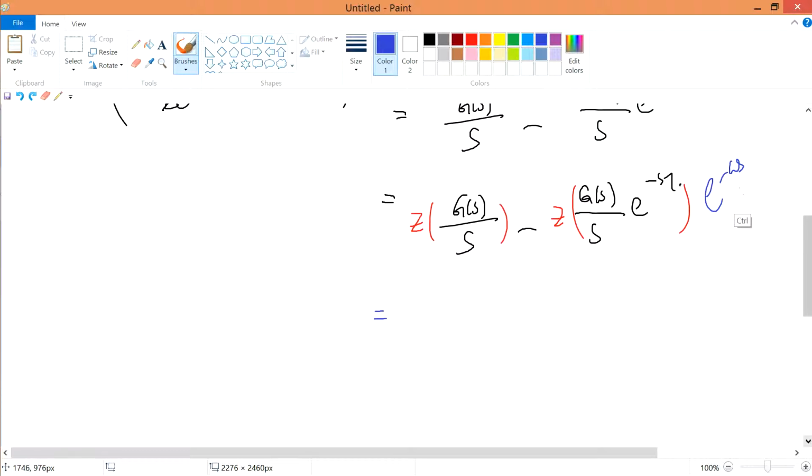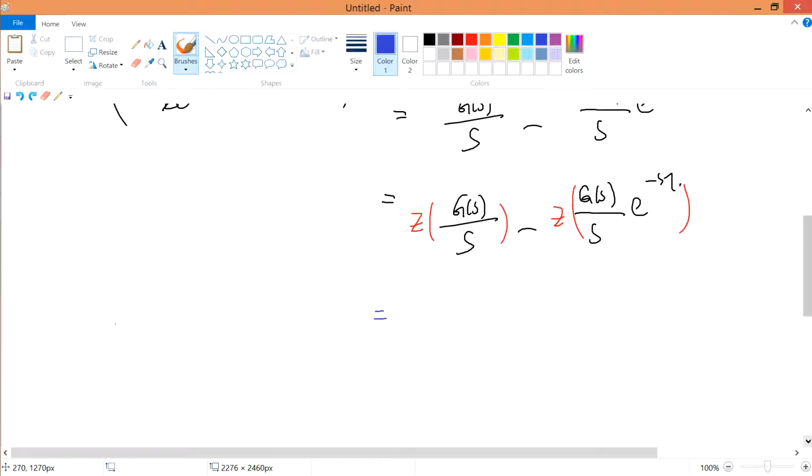I forgot, but I just remember that when you see e to the minus sT, with some T over here, this indicates that it is a lag of z to the minus 1, or in other words k minus 1, if you find that suitable. So this thing is just a lag.